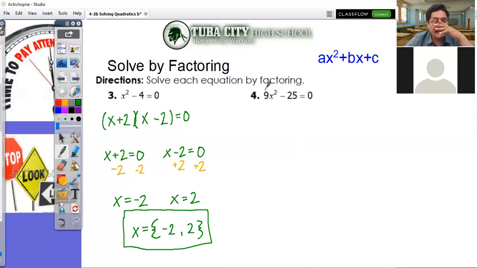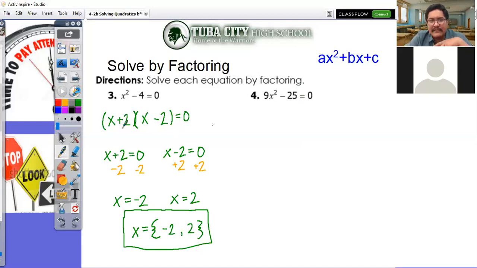Anyway, 9 is a square number, x squared is a square number, and 25 is a square number. So all the numbers in both terms are square numbers. And again, it's called a difference in squares because difference means subtraction, so 2 square numbers are being subtracted.